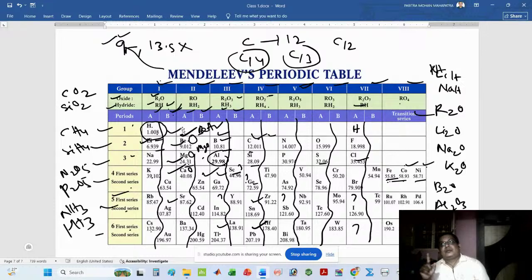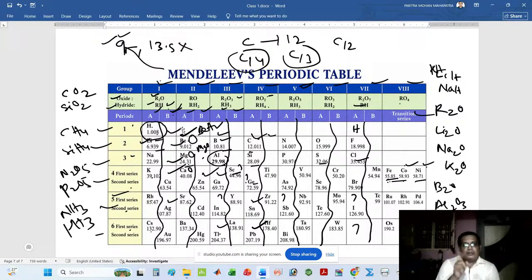If you know the atomic number of an element, then you will know the number of electrons present in the atom, because atomic number is the number of electrons present in a neutral atom.